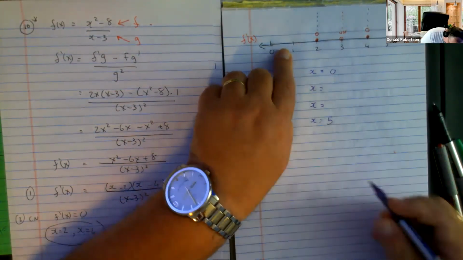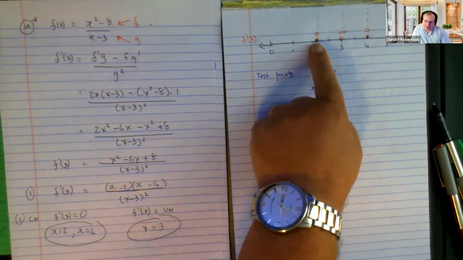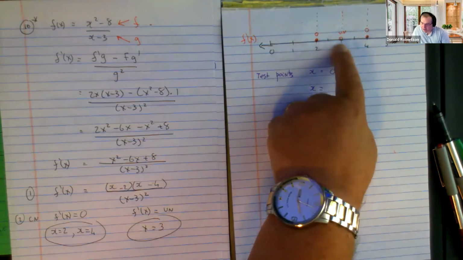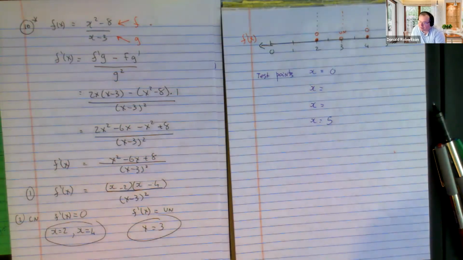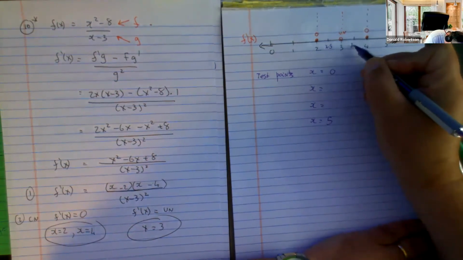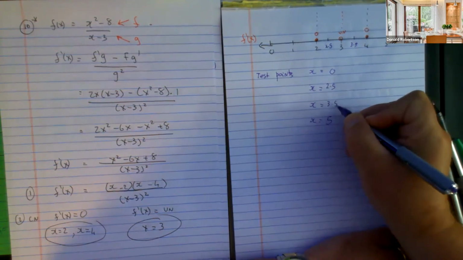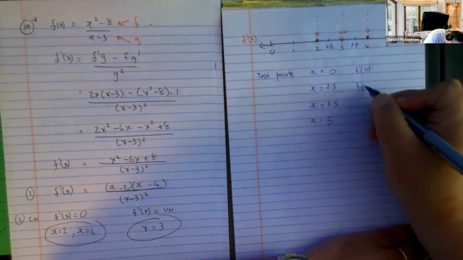I'm going to pick 5. What's not so easy is if this is 2 and this is 3 and I have to pick a number that's neither of those numbers, but between them, aren't I going to have to pick something like 2.5? Right. Or any value that you can make in that range. And now I'm going to find the value of the derivative at each of these test points.